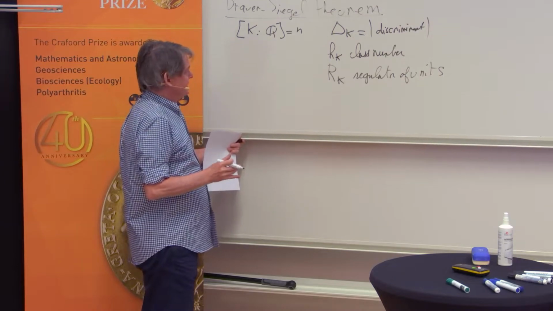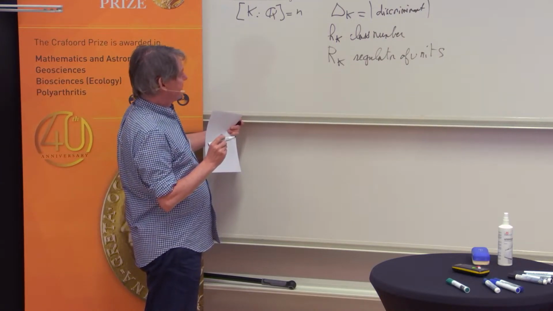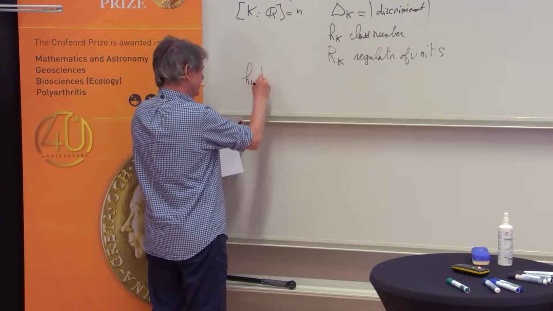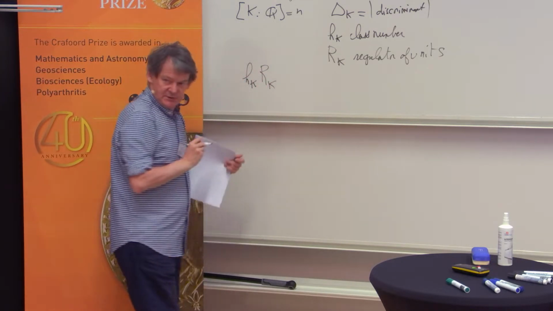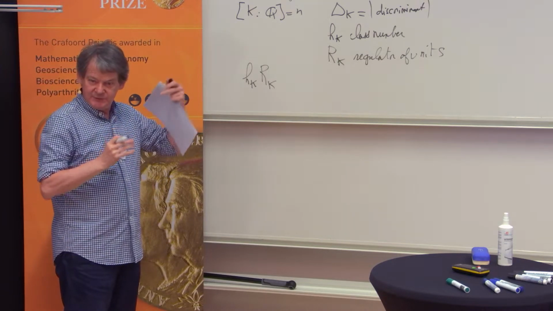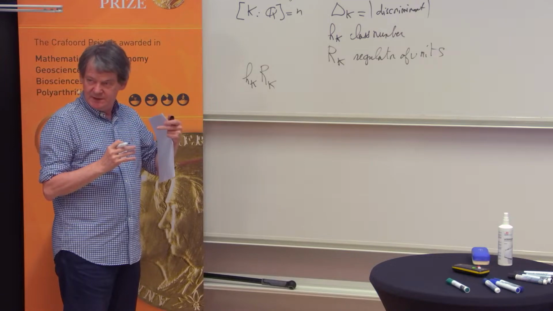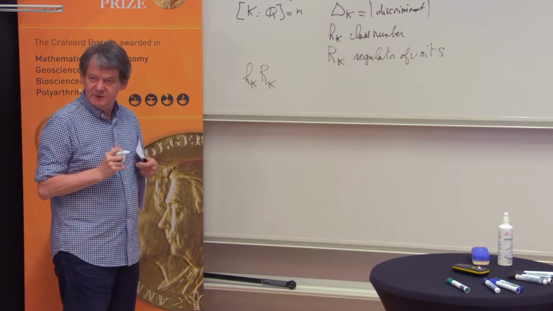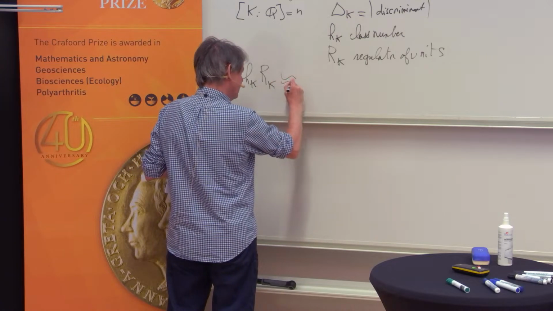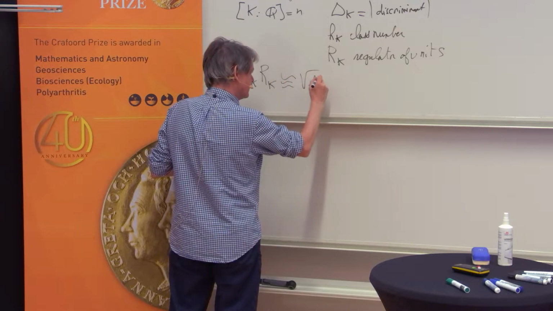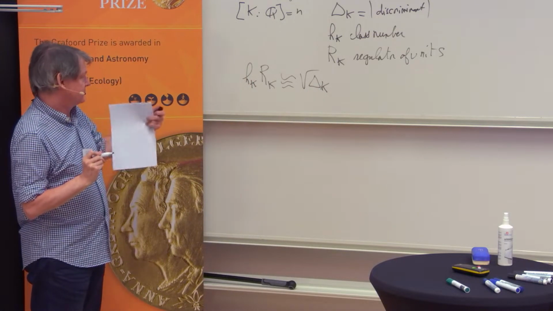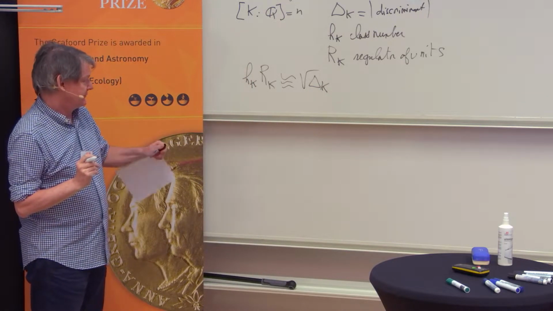And a first rough statement of the Brauer-Siegel theorem is that the product of these two quantities, which are both very complicated, and when you look at examples, are sometimes very small, sometimes very large, they behave in a kind of random, chaotic way. When you take the product, it really looks like the square root of the discriminant. That's a rough statement of the Brauer-Siegel theorem.